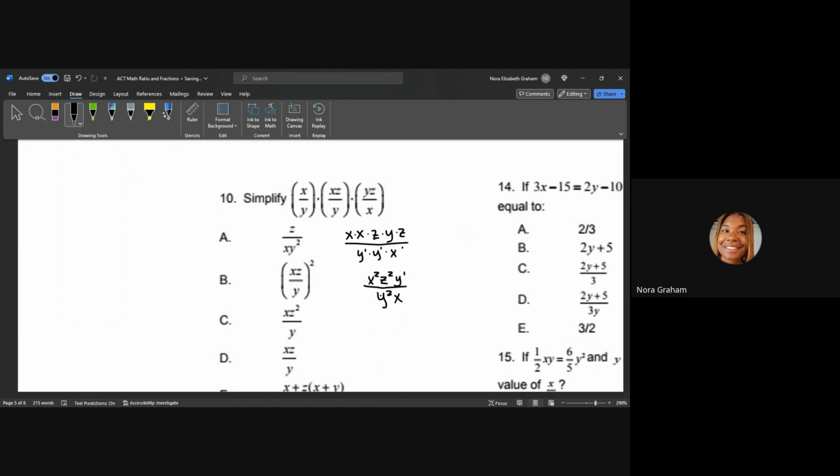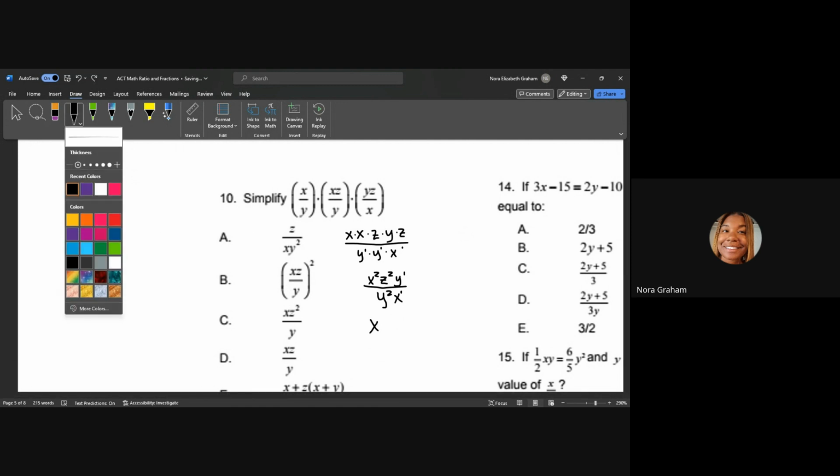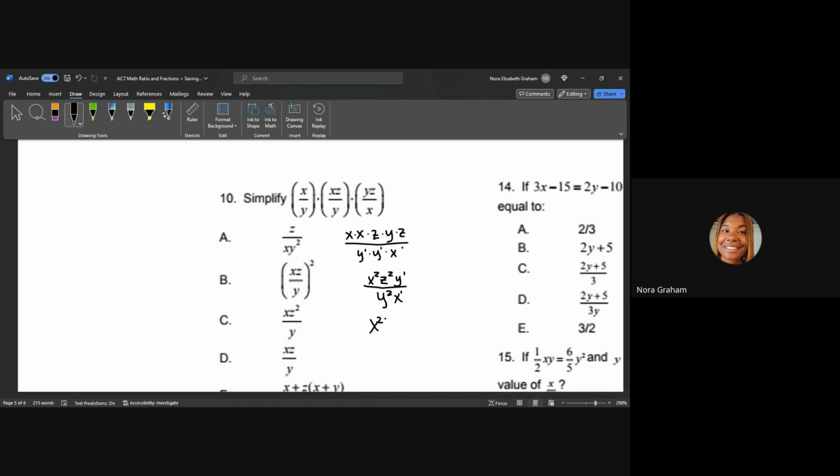So now I can combine. This x squared, so I'll have x. Remember, there's an imaginary 1 right here. I subtract when I have two like bases: 2 minus 1. That z squared just stays the same. And that y is 1 minus 2.